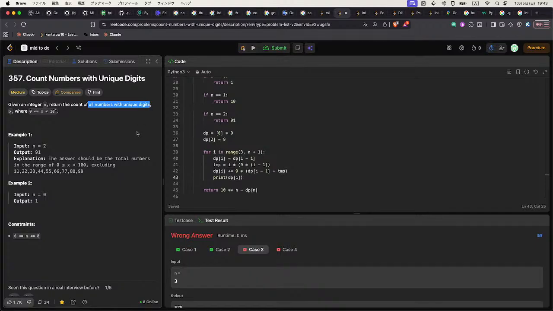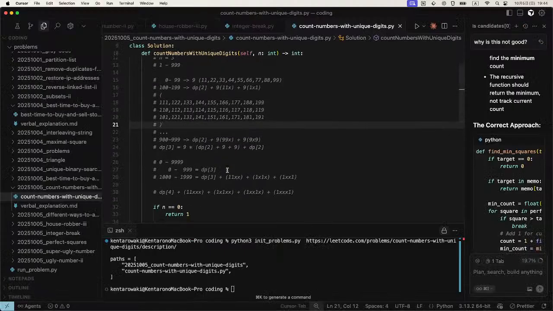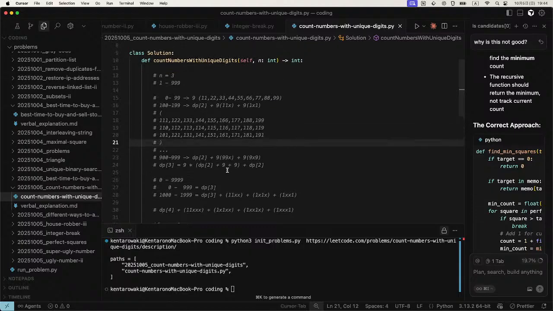All numbers with unique digits. Yeah, no duplicates. I think so.